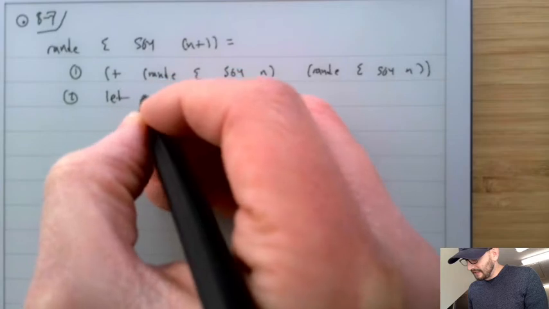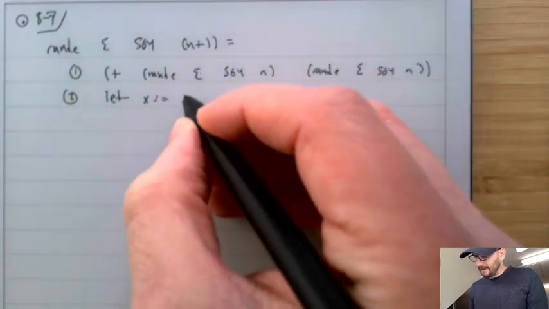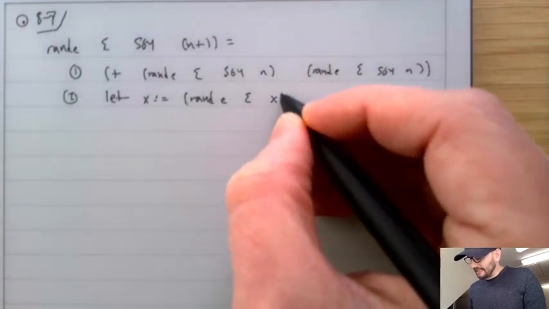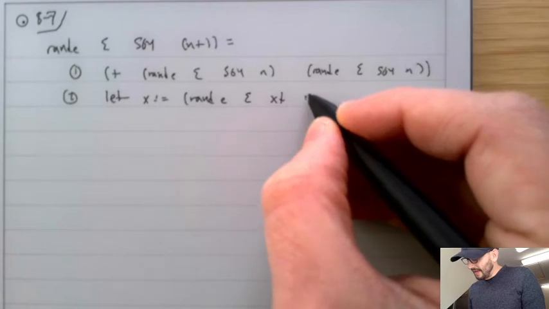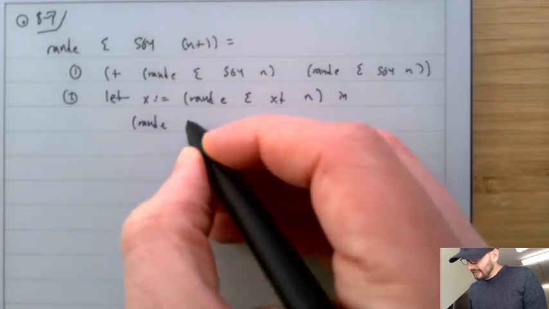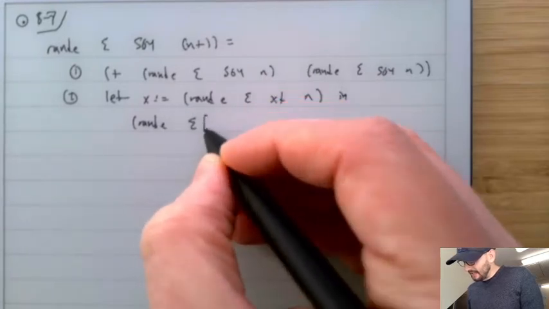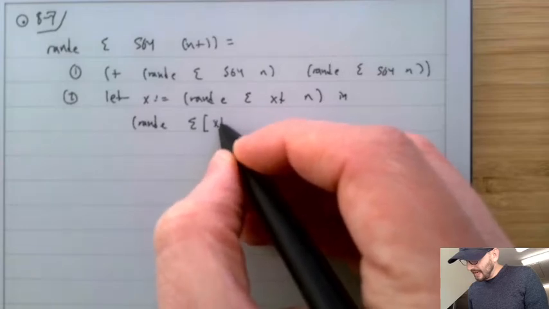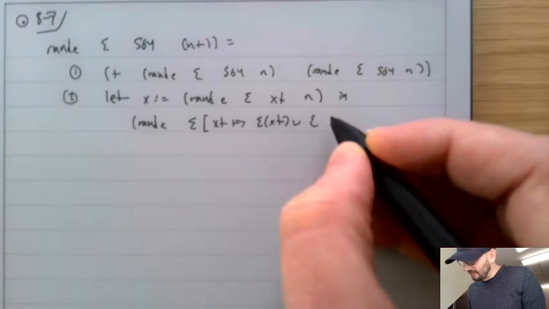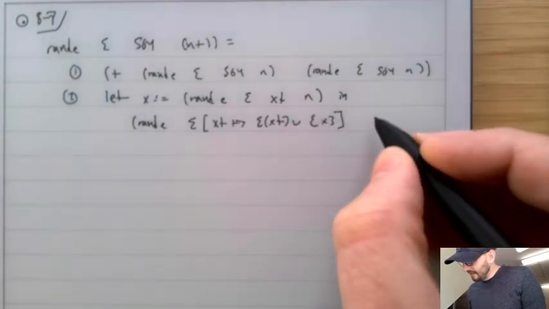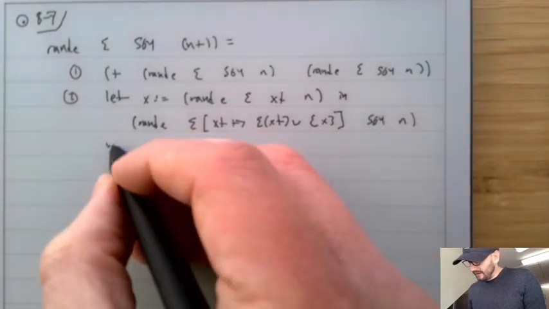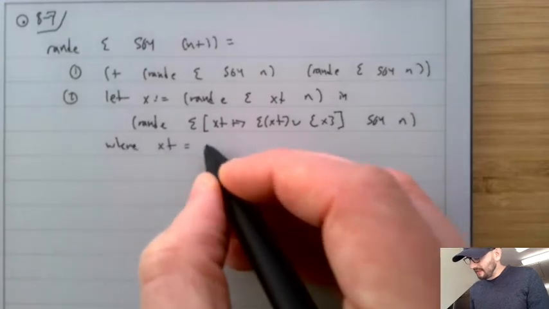So we could do let x equal rand E sigma, and then we'll write here xt for some random type, n, inside of rand E sigma extended with a mapping from xt to sigma xt union x, and then S64 and n, where xt is some random type.